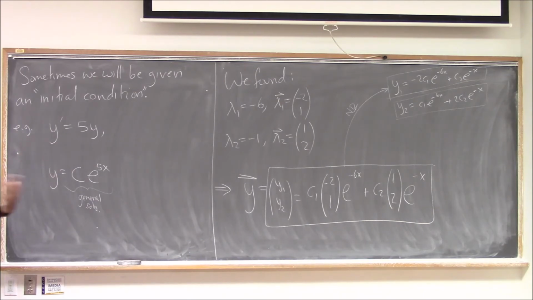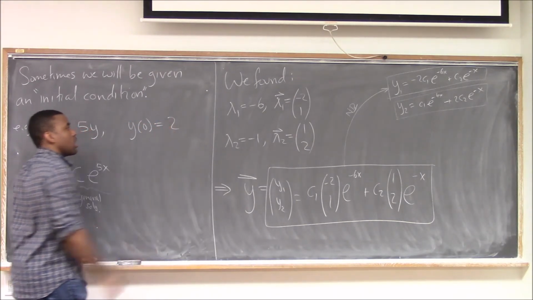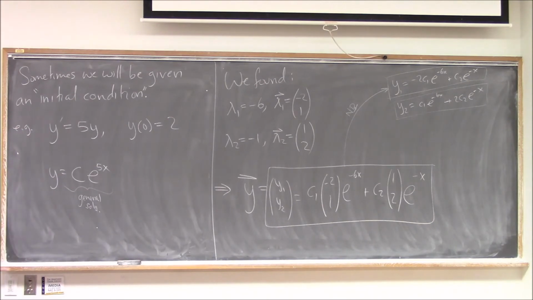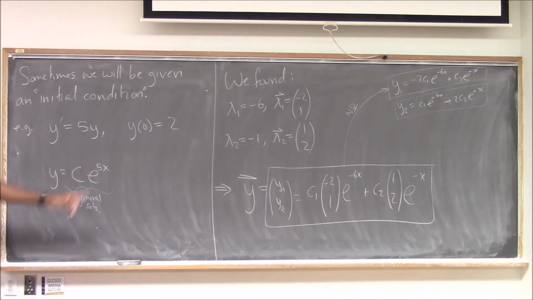But they might give you additional information. I don't care about all of the possible functions. I want the particular function that passes through the point 0, 2. I want that specific function, right? So you have an infinite family of functions that solve this system, but you only care about one that passes through a certain point. So you can say, when the x value is 0, I want the y value to be 2.